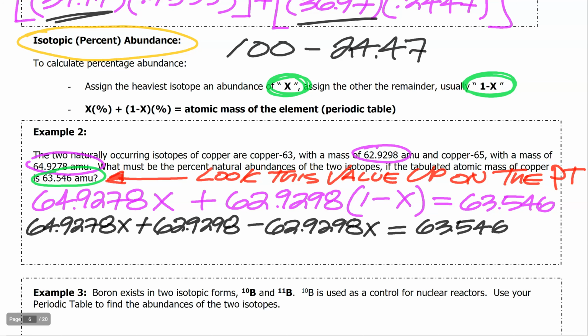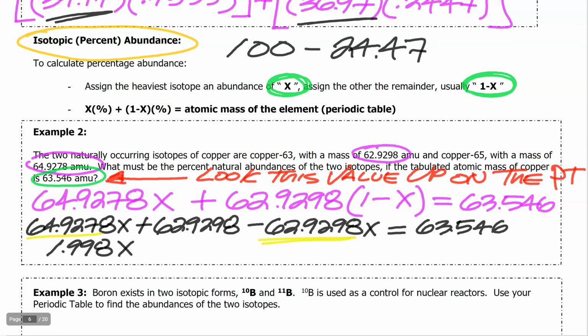So when we add these up, what you're going to get is 1.998x, and that's going to be 64.9278 minus, see, we would subtract this one minus that one. That's where I got the 1.998x.